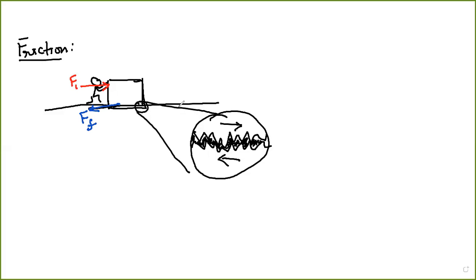So now coming back to the same situation, when you are pushing against the crate, the force of friction will naturally grow. So let's say that you apply a little bit more force, and now you are applying a force F2. So I get rid of this F1, and the force that you are applying now is a new force F2.